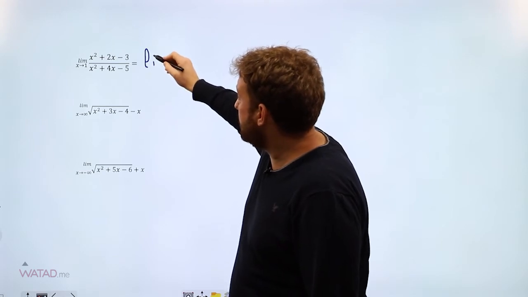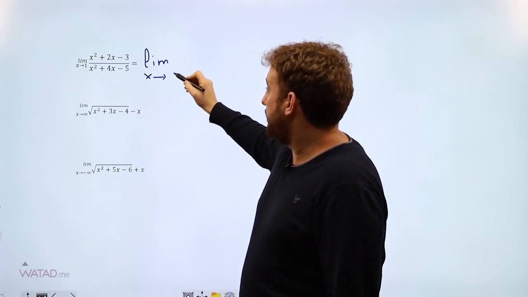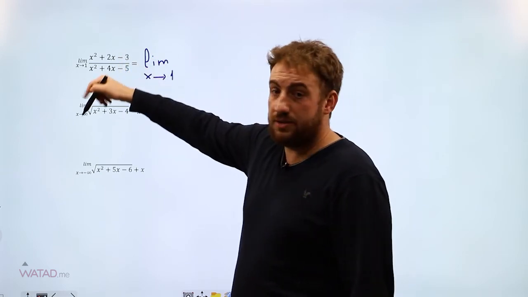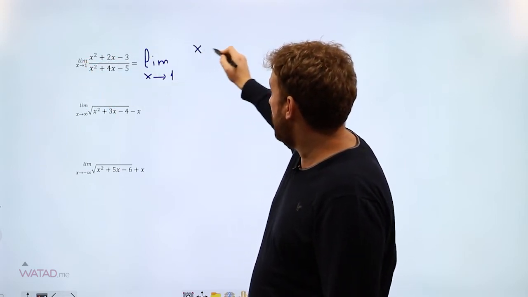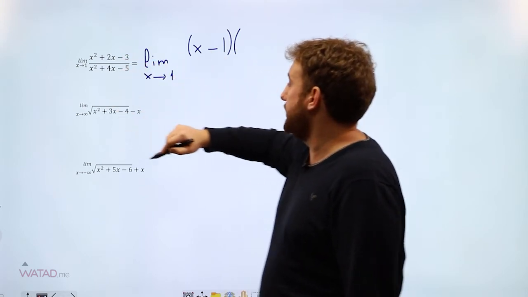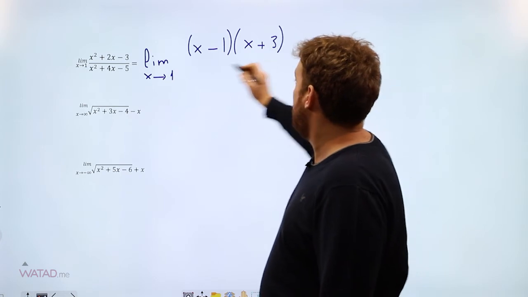Again, because it is a second degree and it's going to a number, you will take the roots of those equations. So the first root is 1, so you will have x minus 1 into the second root is minus 3, so you will have x plus 3.